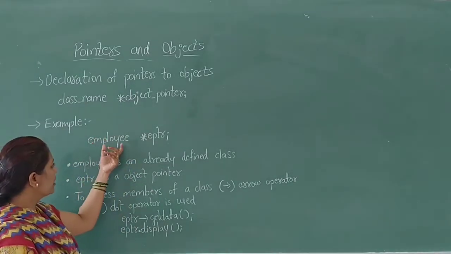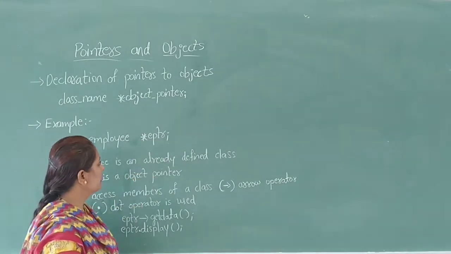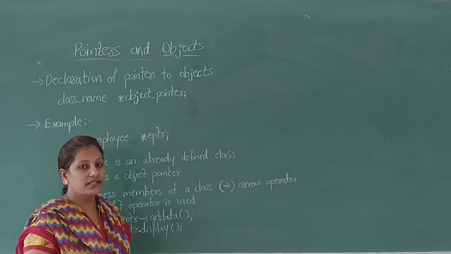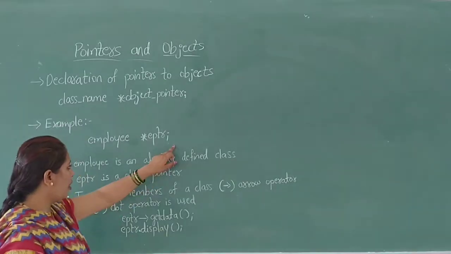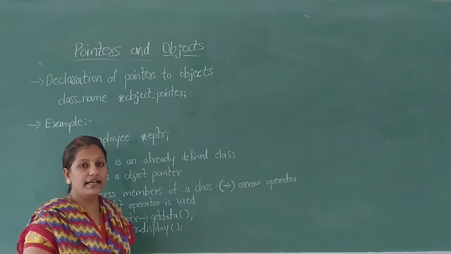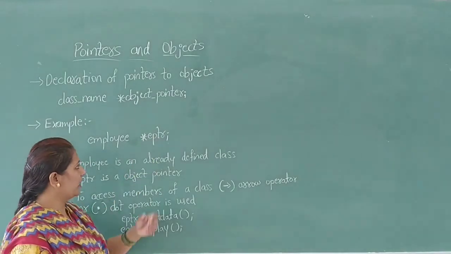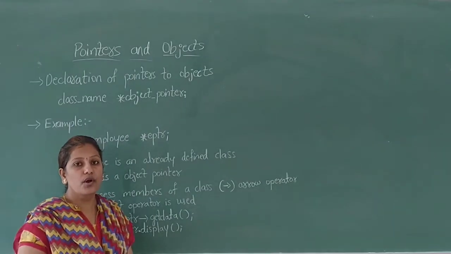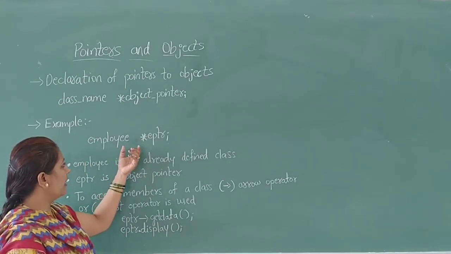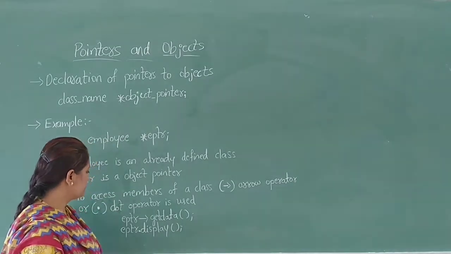For example, employee, pointer operator, and EPTR, terminated by a semicolon, which is called the terminator. Here employee is an already defined class and EPTR is an object pointer used to point to the objects which are defined and declared in the class employee.